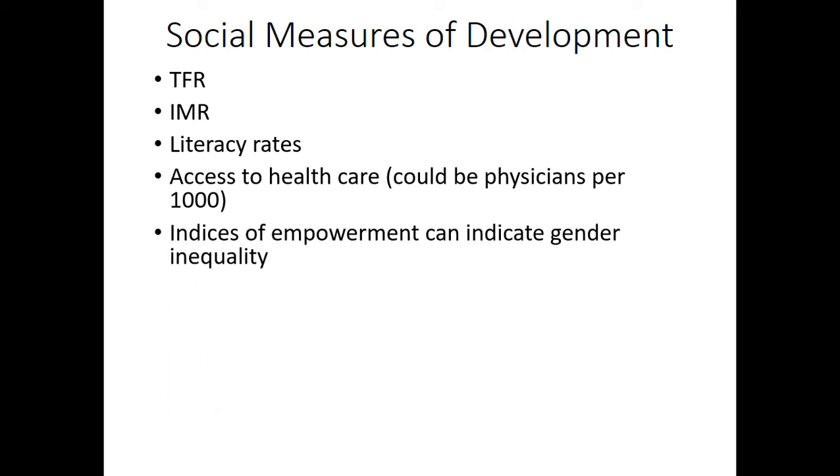There are various so-called indices of empowerment. Indices is the plural of index. So an index of empowerment is simply another measure of something. In this case, we're talking about gender inequality. This is a really important factor to consider. We know that many countries of the world, including the U.S., don't give women their fair share of a lot of stuff. They don't get treated equally in the eyes of the law in many cases.